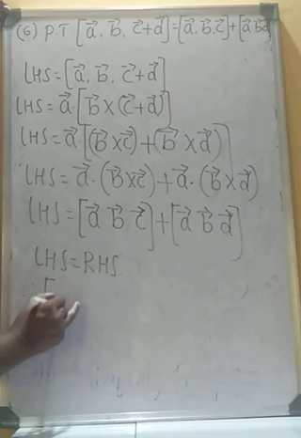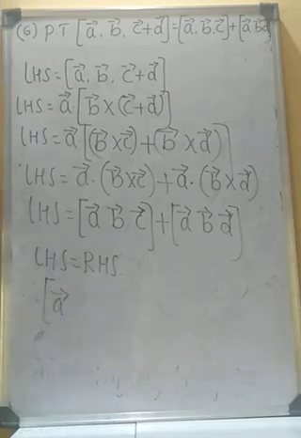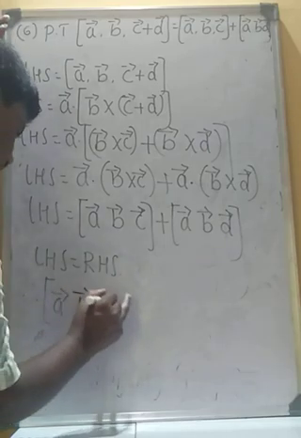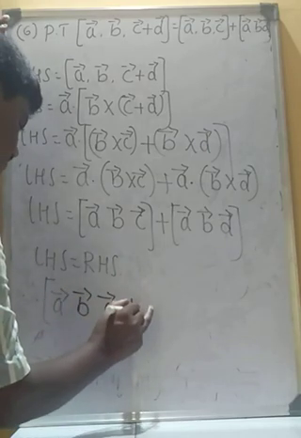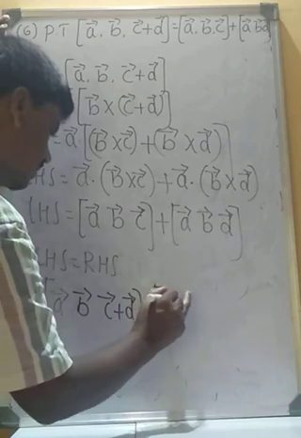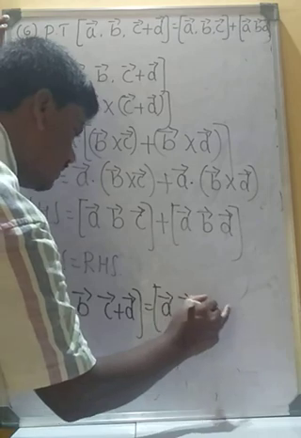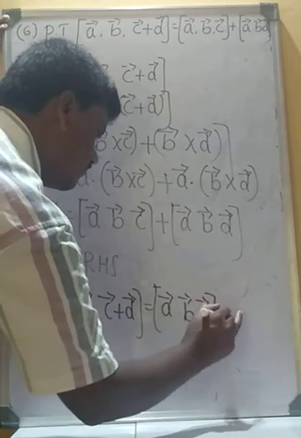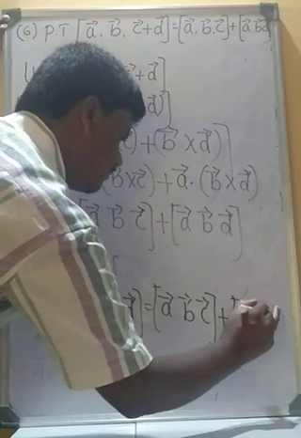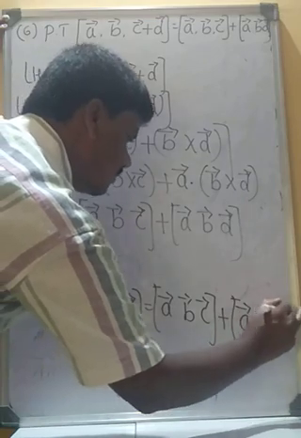Therefore, A, B, C + D is equal to A, B, C plus A, B, D.